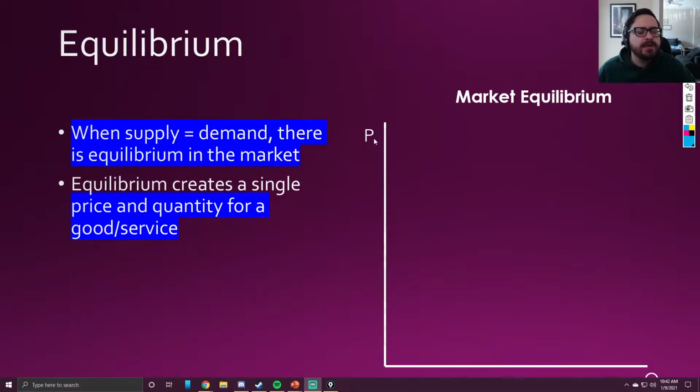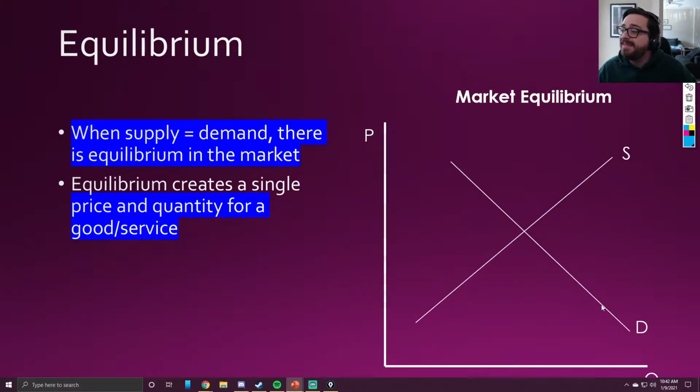So, equilibrium. Supply and demand, those two lines exist on the same graph. This is the graph of a market. Capital P is price, capital Q, which is cut off a little bit here, is quantity. You've got supply and you've got demand. Where these two lines meet, this intersection point right there, is called equilibrium. Why that matters is this tells me what the market price and the market quantity are.